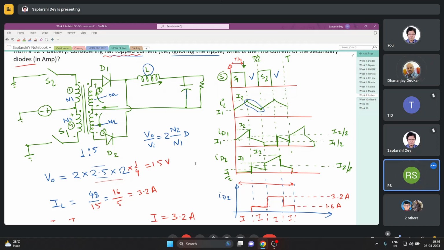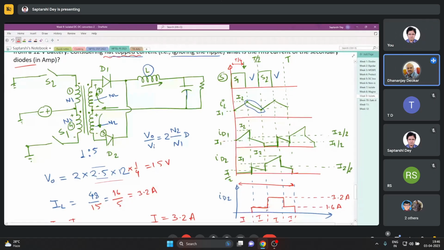Sir, shall I ask the question? Yeah, sure. You have drawn the wave shape of I1. I1 is the value of the current flowing when D1 is conducting.